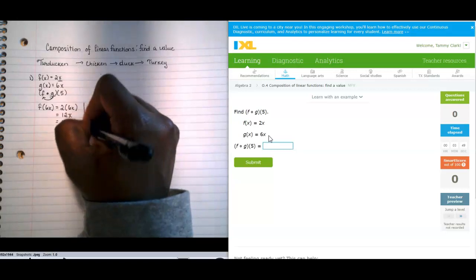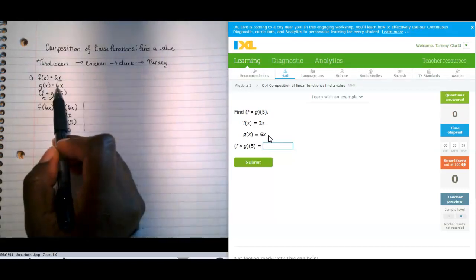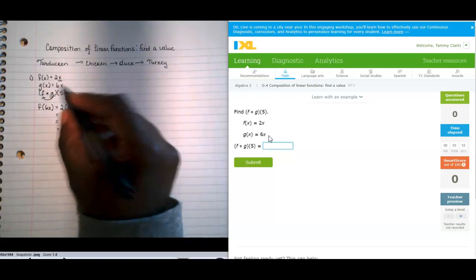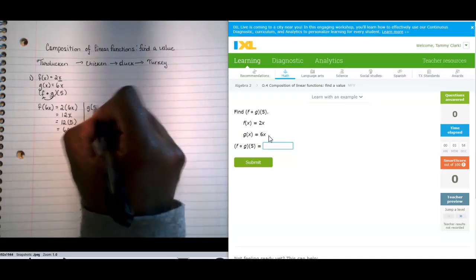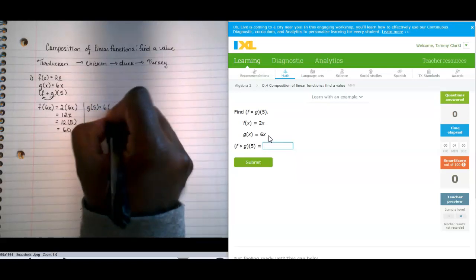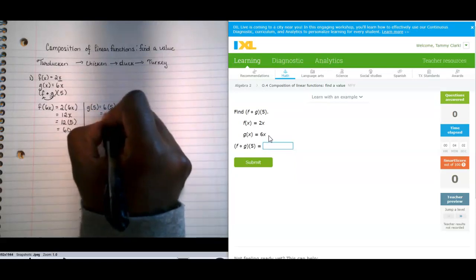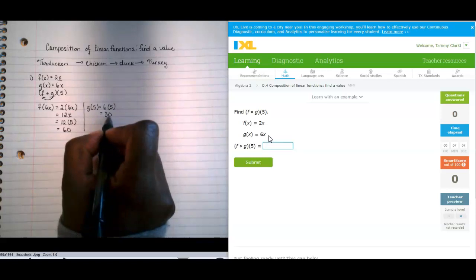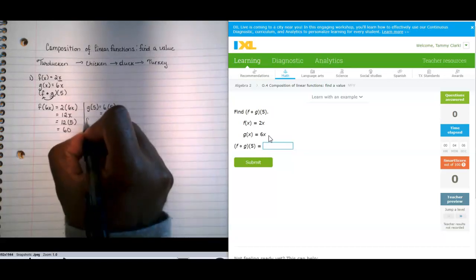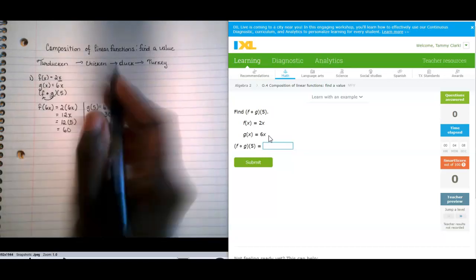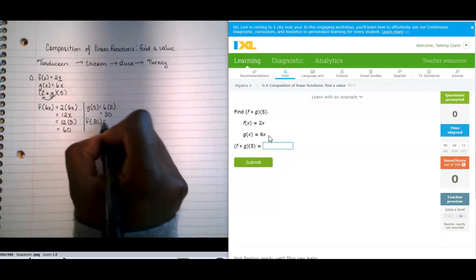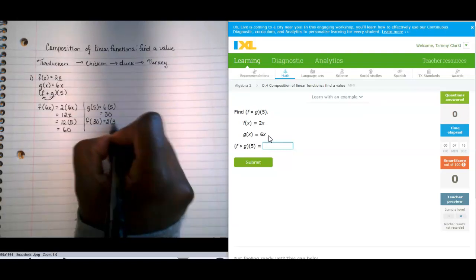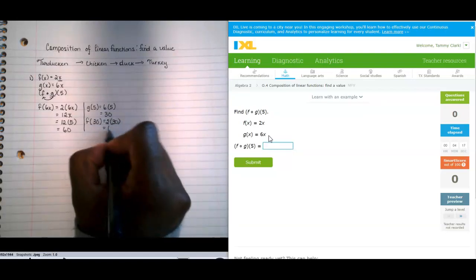The other way is to just go ahead and evaluate g of x for 5. So I would say g of 5 is equal to 6 times 5. Well, that gives me 30. So I'm going to take 30 and put it in the f of x function. So f of 30 is equal to 2 times 30, which gives me 60.